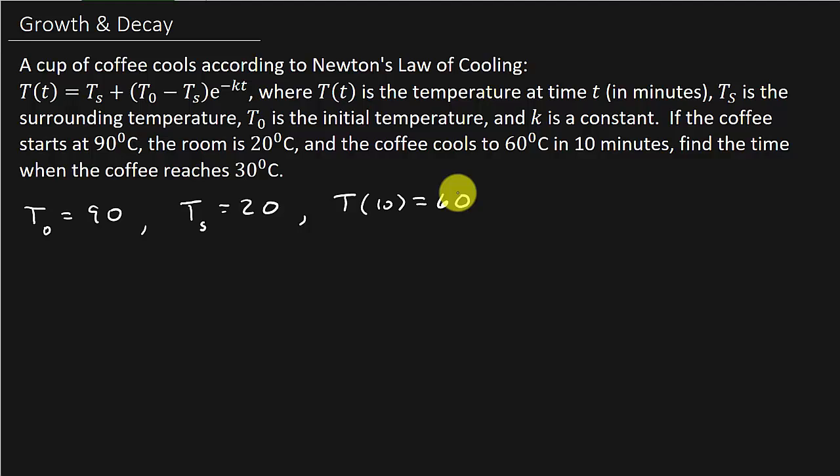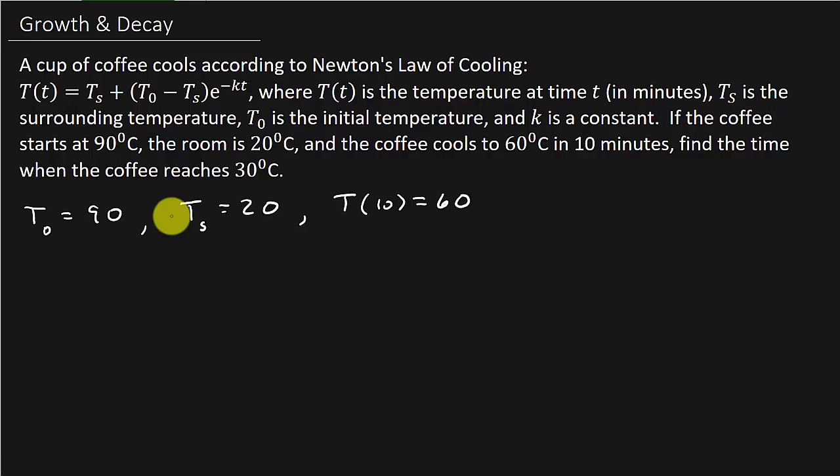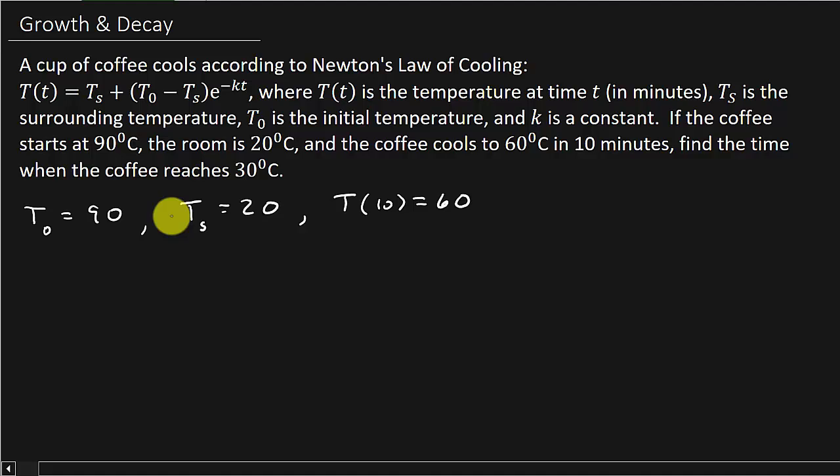All right, so if you look at this, they want to know, find the time when the coffee reaches 30 degrees Celsius. In order to work this, we need to know what T_s and T_0 are, and we also need to figure out what k is.